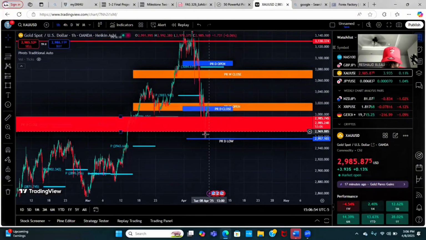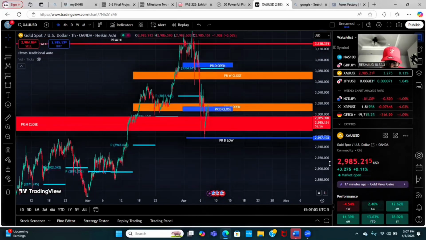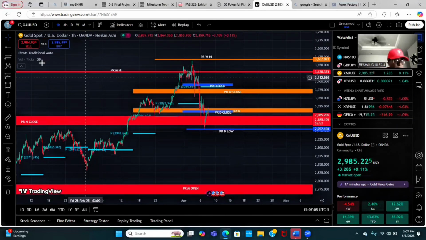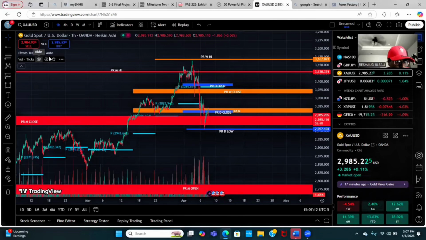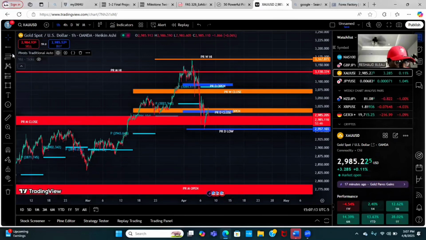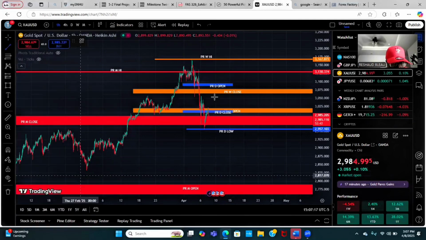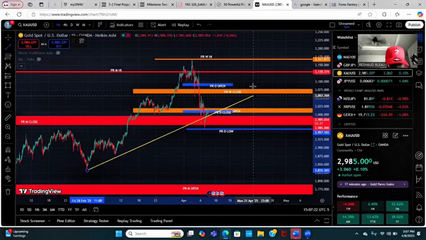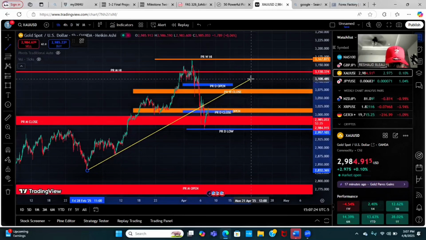So it could definitely reject this previous monthly close area. It can bounce off, boom, and then come back up to the previous open, previous daily close, previous weekly open. Even though this definitely giving me selling pressure because, okay, this nice little trend I see. It was a nice little trend about here.